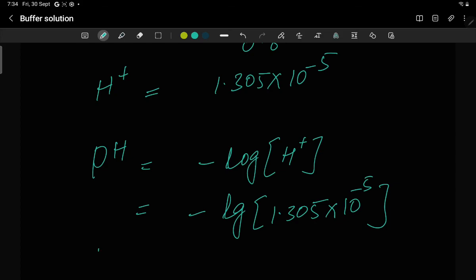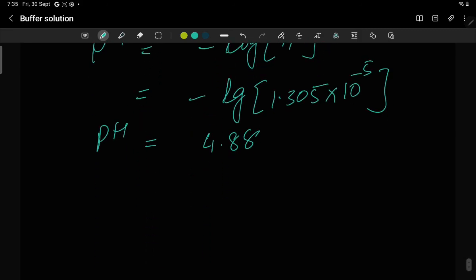So the pH is 4.88. So I hope you will understand the calculation involving buffer solution.